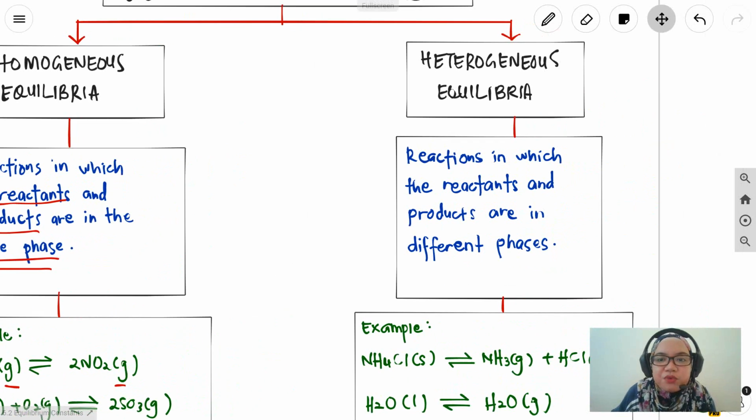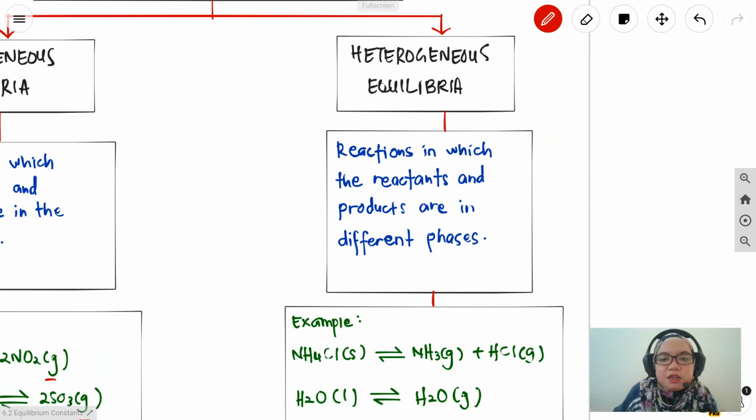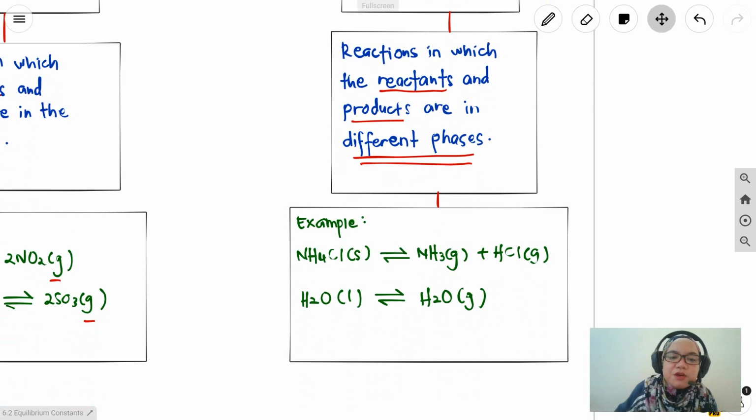However, for heterogeneous equilibria, the reaction is one in which the reactants and products are in different phases. Hetero means different. For example, we have NH4Cl in solid phase react to form NH3 gas and HCl gas.